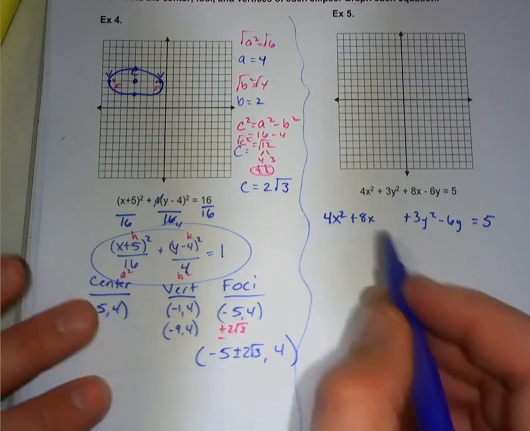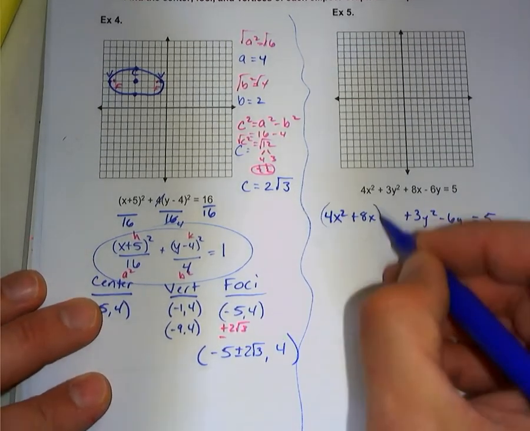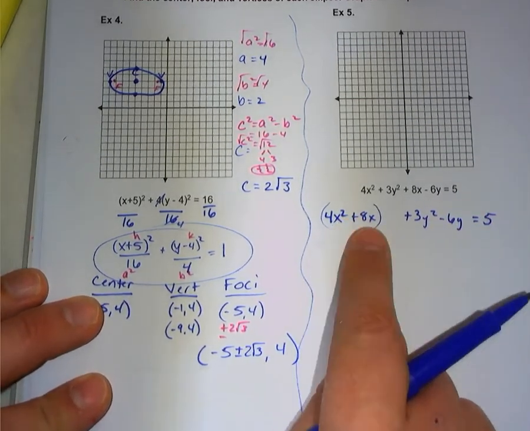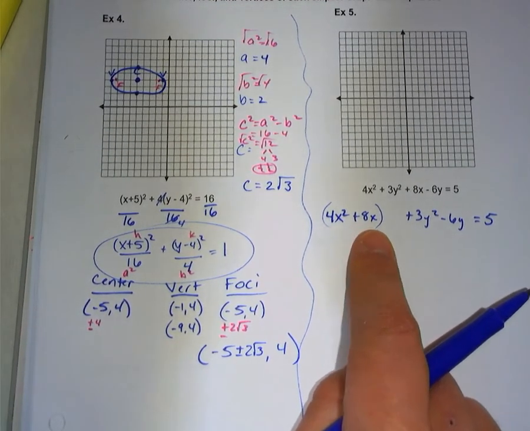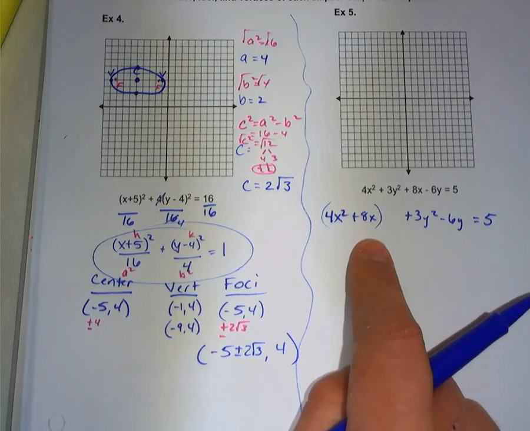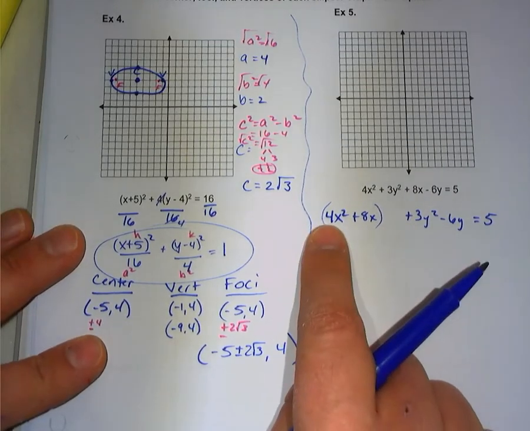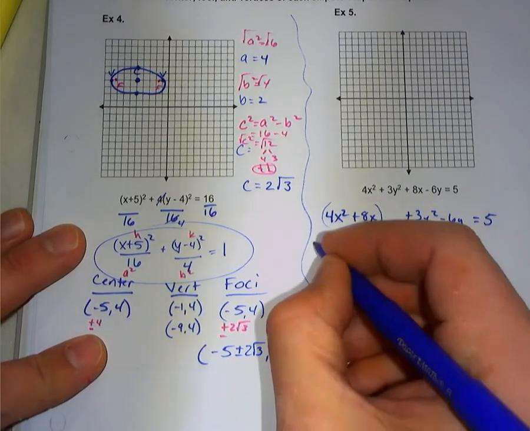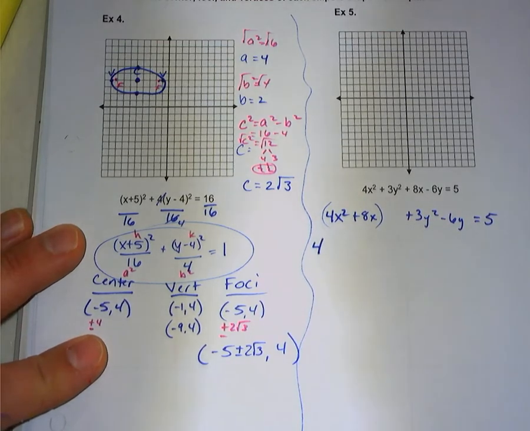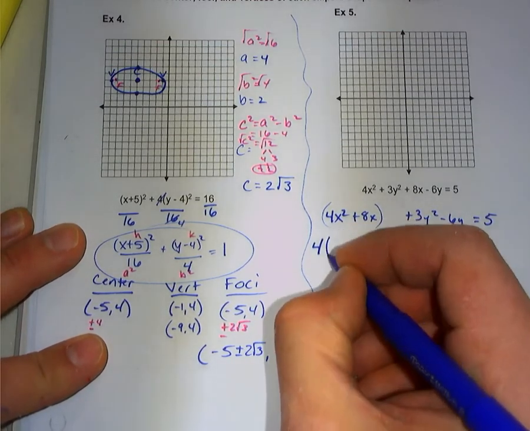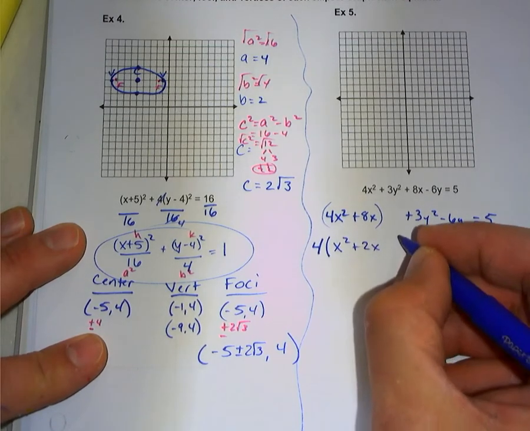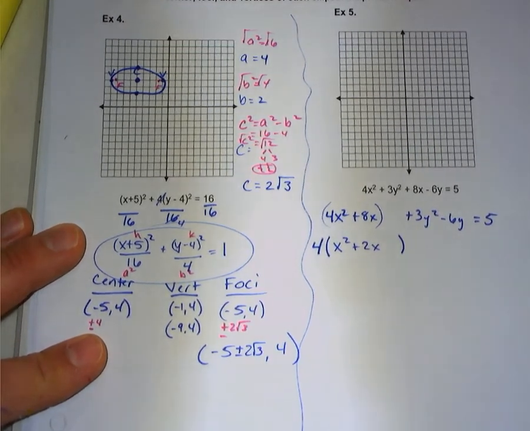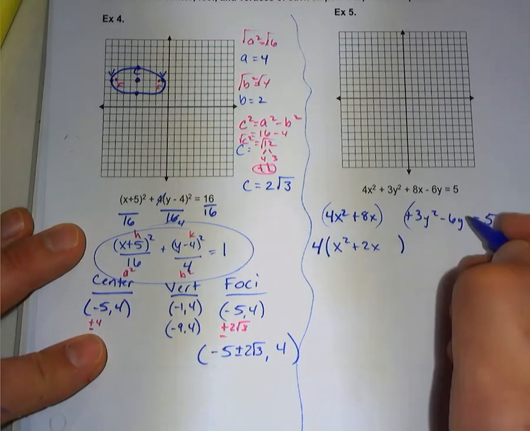So now we've grouped the x's, grouped the y's, and I want you to take out the leading coefficient, because we are going to complete the square. When there's a number in front, we have to factor that number out from both terms. So I'm going to take out a 4, and that leaves me with x squared plus 2x. I'll leave some room in that parenthesis. And now I want you to group the y's.